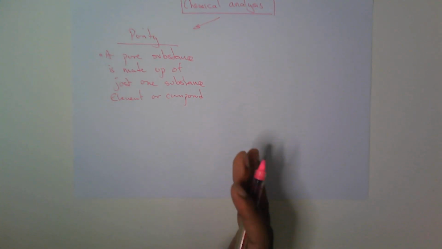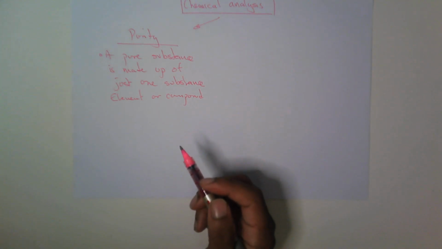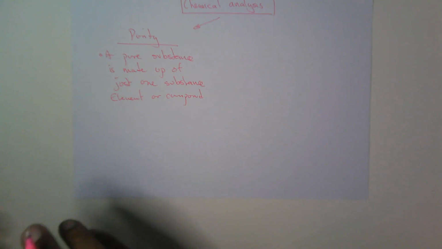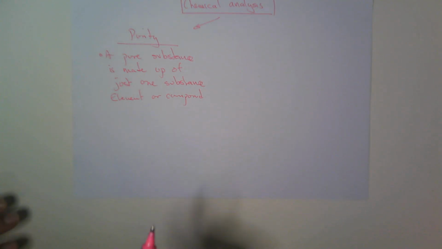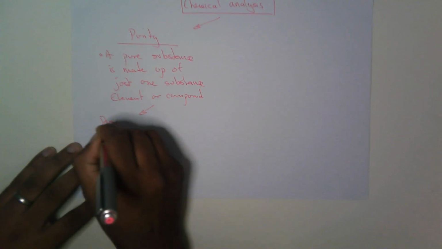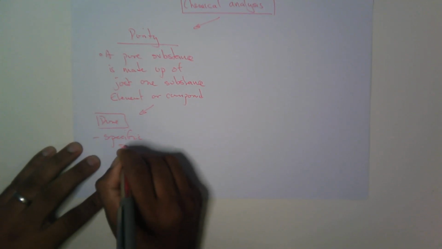Now, the easiest way to check for impurities in a substance is to check melting and boiling point. Now, we know that pure substances have got a very specific melting point and boiling point.